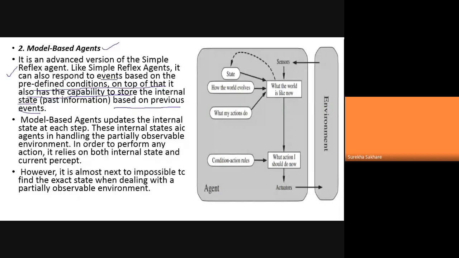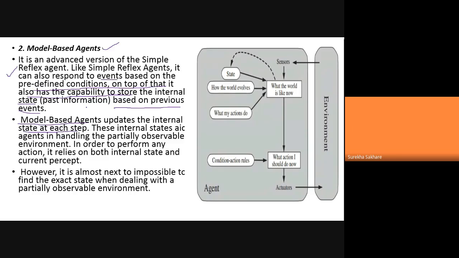That means this model based agent is going to modify the internal state at every step it has taken. The name given to this improved agent is model based agent. We have improved the performance of the simple reflex agent to model based.